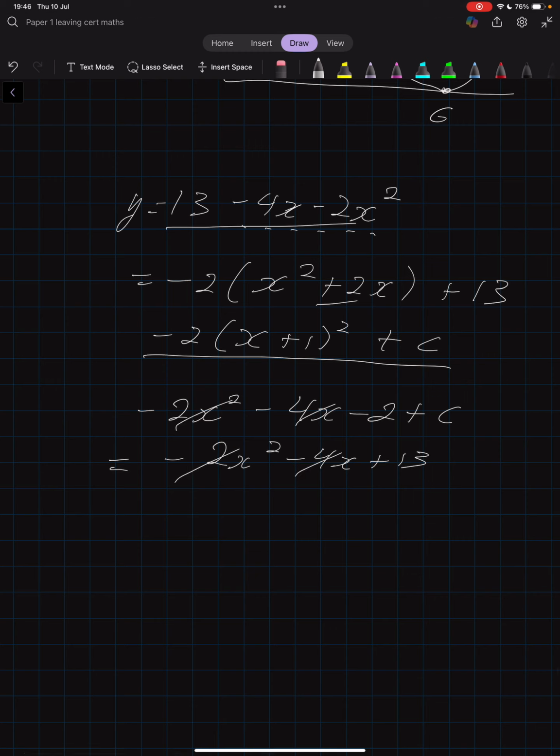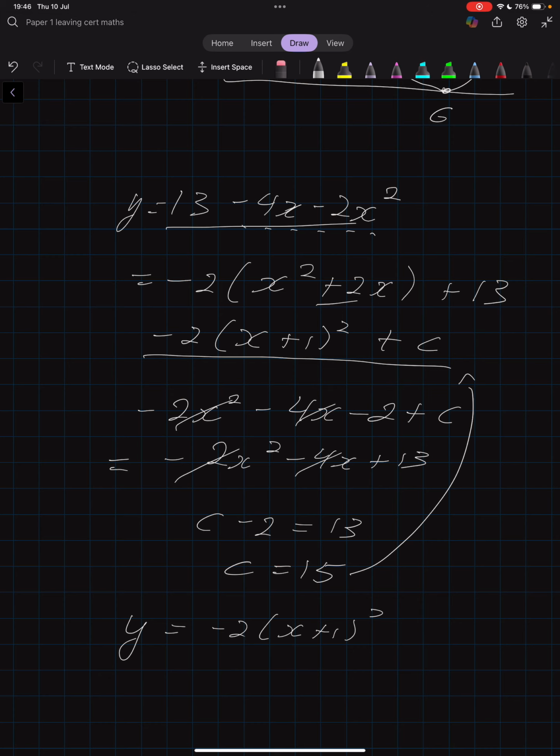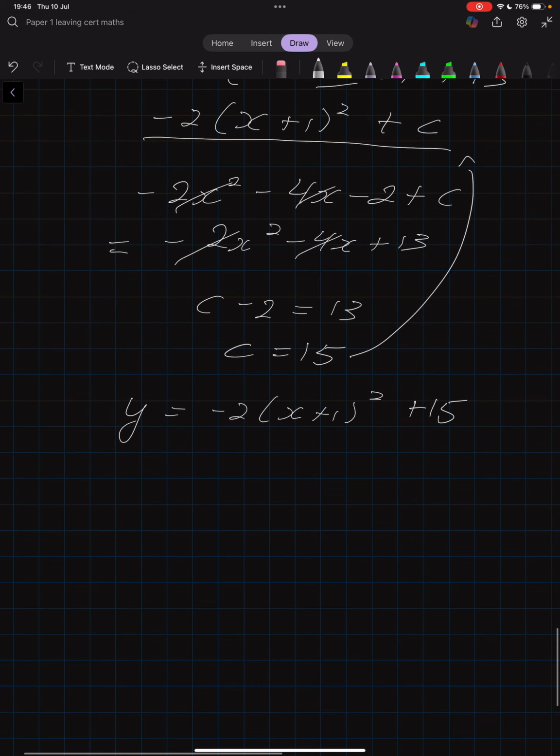I'm left with c minus 2 has to equal 13, so c has to equal 15. So if we plug that back up here, we get that y is going to be minus 2, x plus 1, all squared, plus 15. And this means our turning point is minus 1, 15.